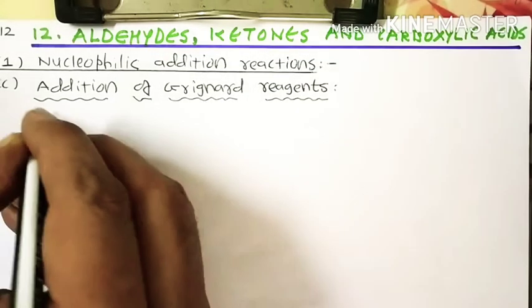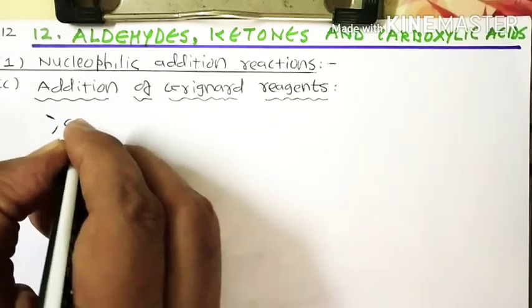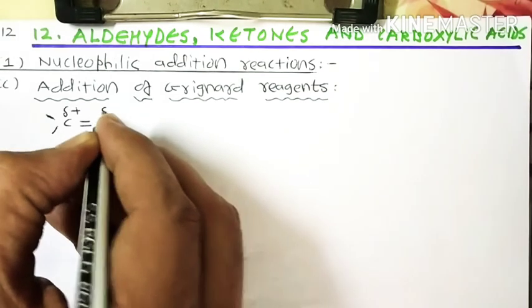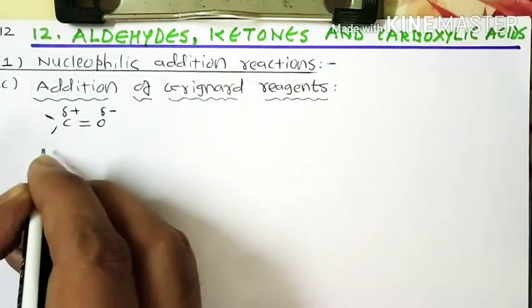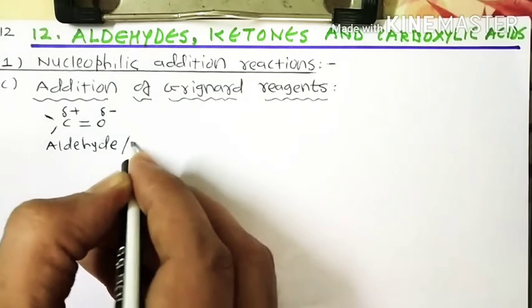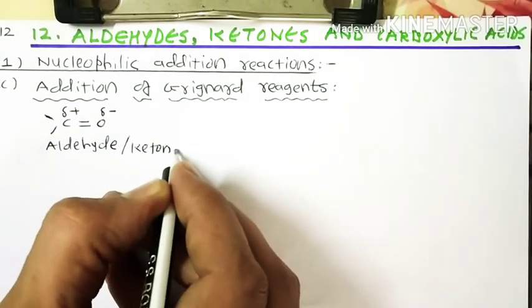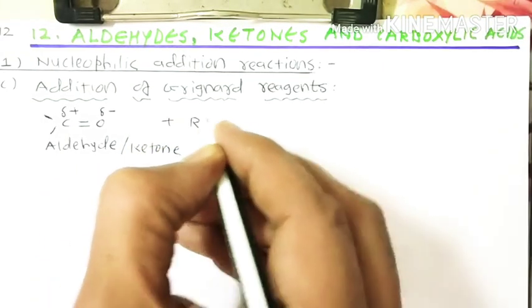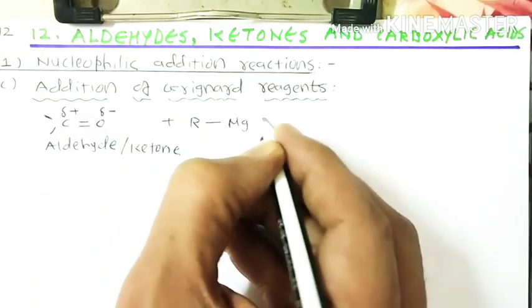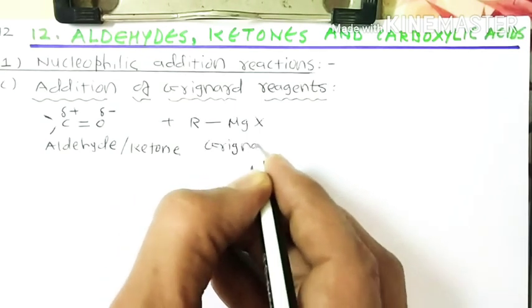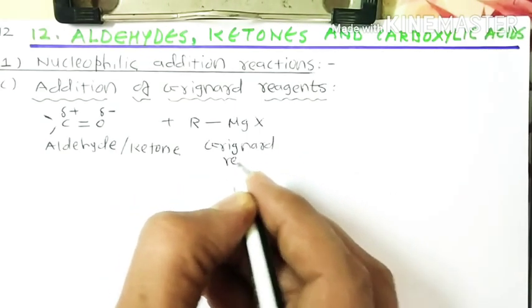In any carbonyl group, C double bond O, the carbon is delta plus and the oxygen is delta minus. Now this aldehyde or ketone reacts with RMgX, which is a Grignard reagent.